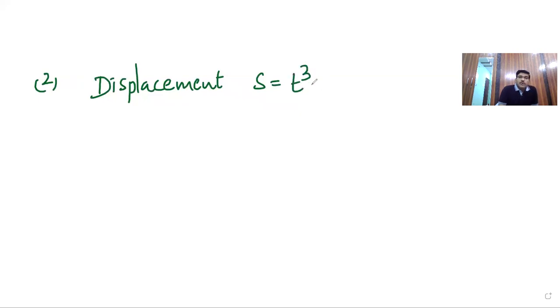In this case, displacement S is given by t cube minus 6t square.